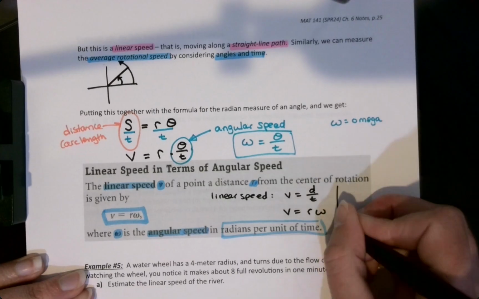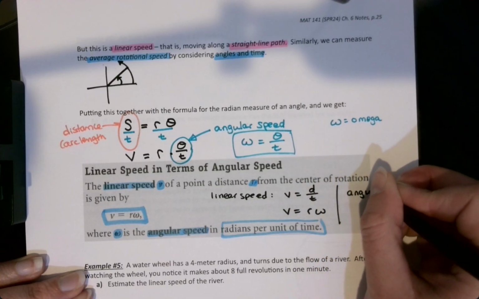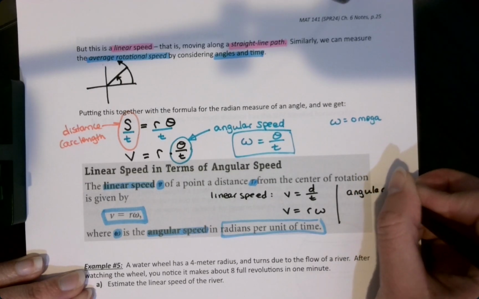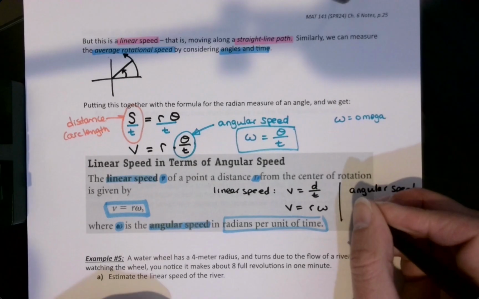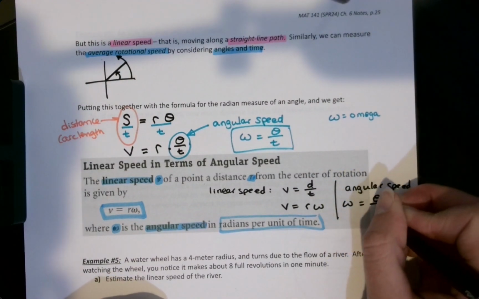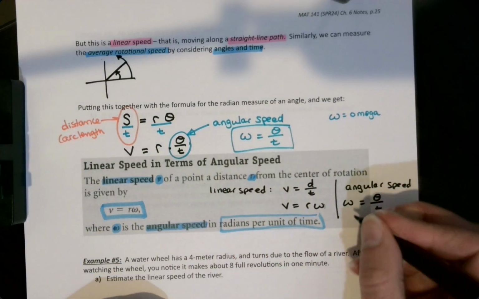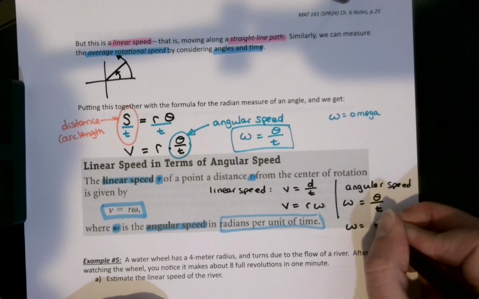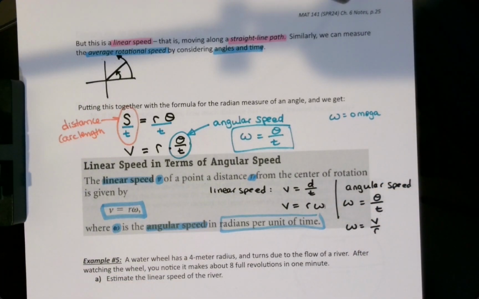And for angular speed, just recapping here, we could have omega equals theta divided by t, depending what you had. Or if you solve this formula for omega, it's also equal to linear speed divided by r. So different ways of paraphrasing and rewriting those formulas in terms of different variables.